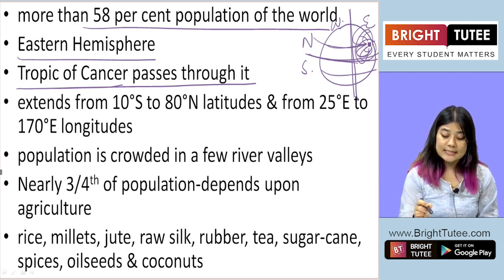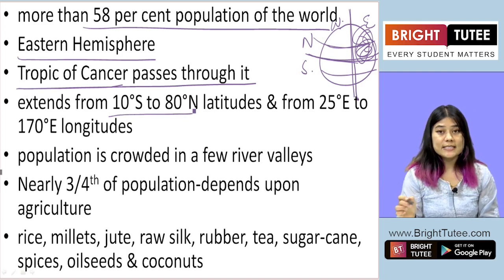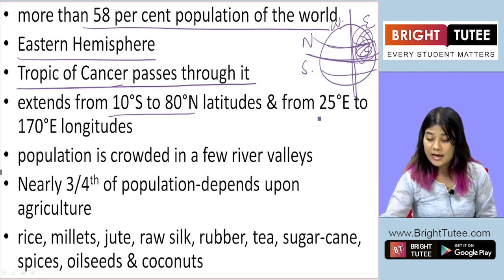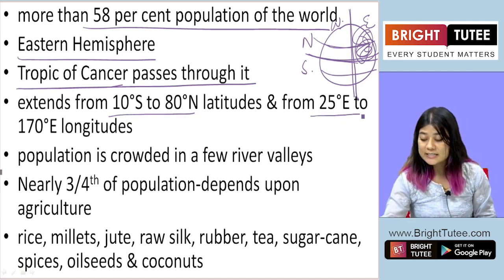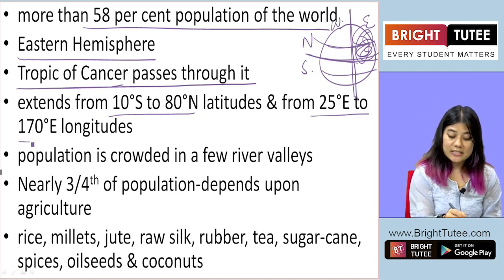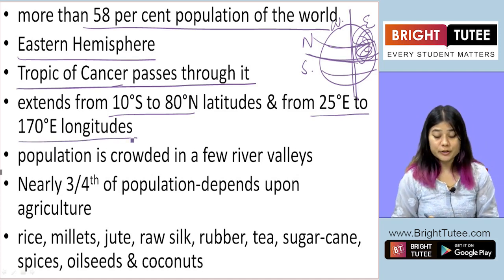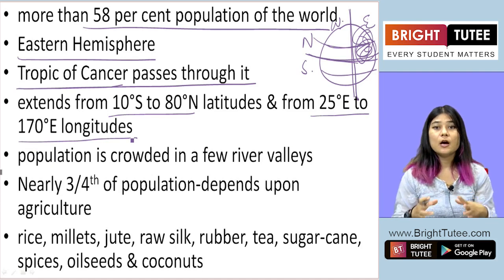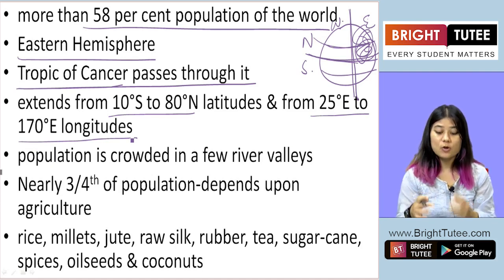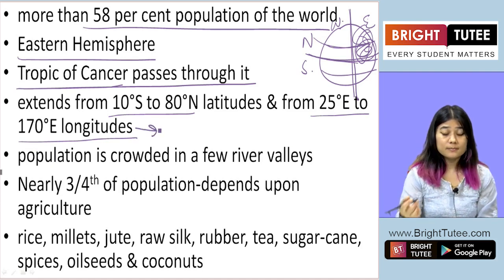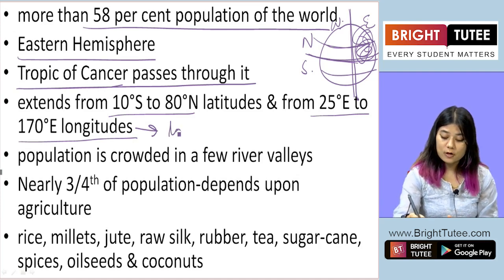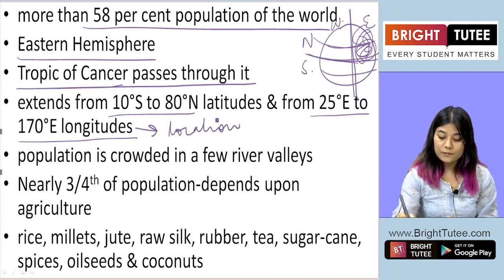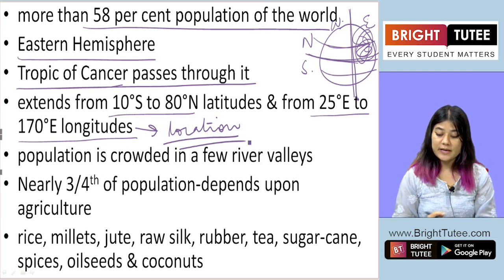The continent extends from 10 degrees south to 80 degrees north latitudes and from 25 degrees east to 170 degrees east longitudes. Okay, this is just to locate. This tells us about the location of the continent of Asia.